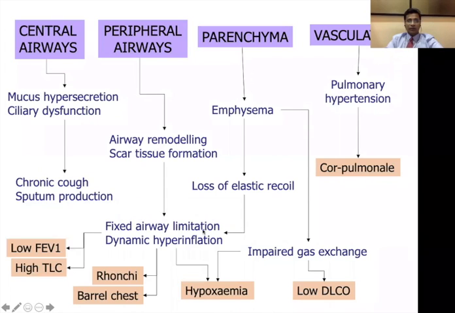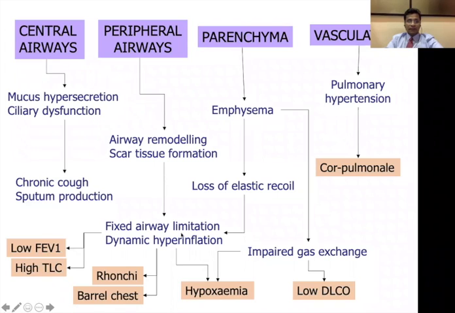Because of the fixed airflow limitation, the FEV1/FVC ratio is reduced. When there is dynamic hyperinflation of the lungs, there's air trapping, residual volume is increased, and total lung capacity is increased.